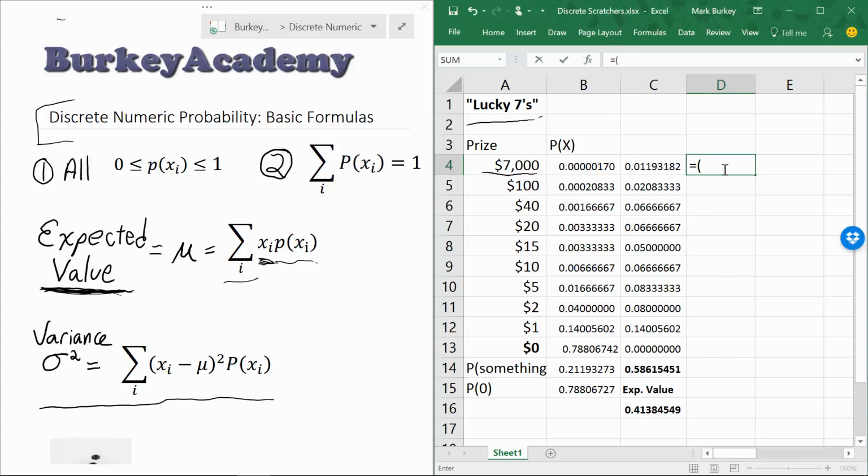So equals, in parentheses, x, 7,000 in this case, minus 0.586. And I'm going to put dollar signs on those so that it always looks at that value when we copy it down, squared, and then times the probability right here.